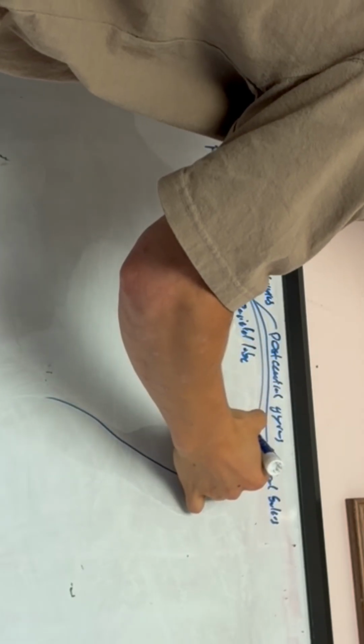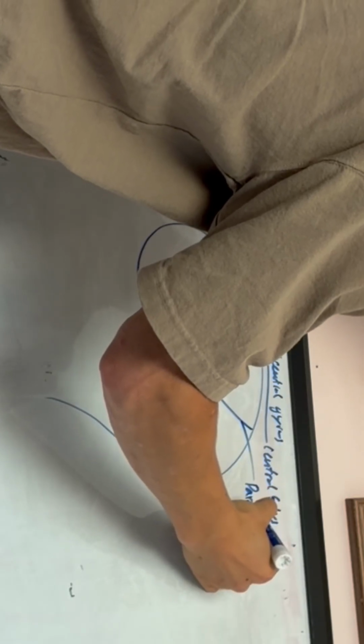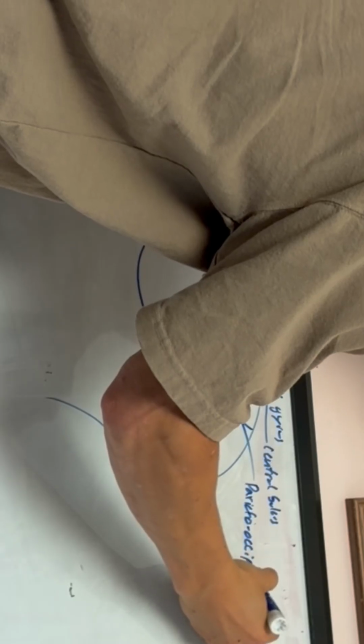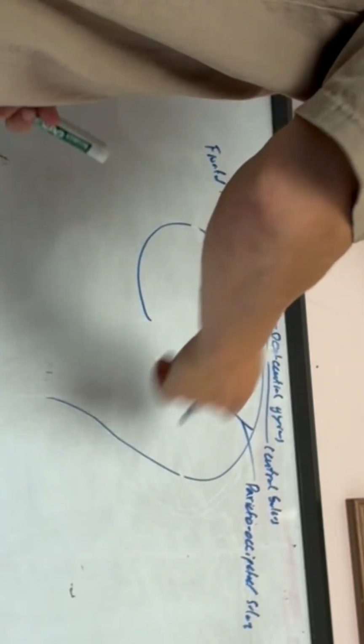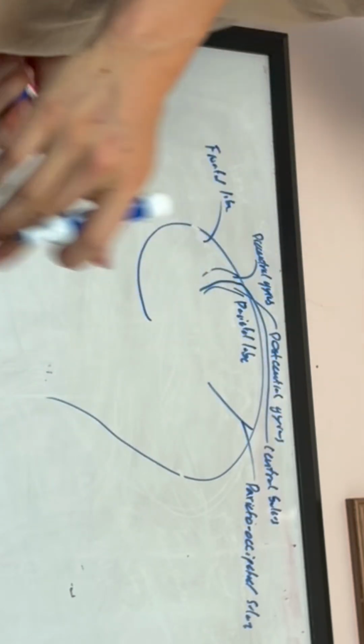And then here, this is called the parieto-occipital sulcus. What do you think that divides? It divides the parietal and the occipital lobes from each other.